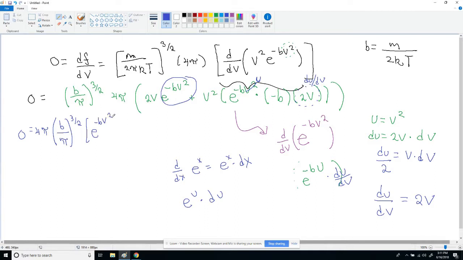E to the minus bv squared, 2v minus b changes this, times another 2, and the v and v squared here will become, sorry, this v and this v over this v squared and this v will become a v cubed.